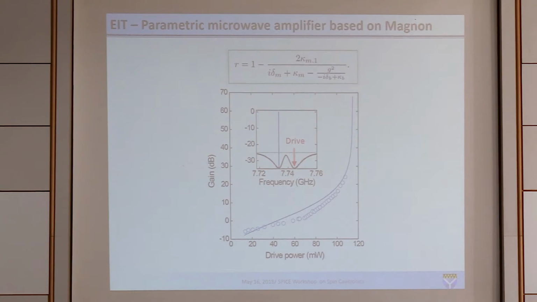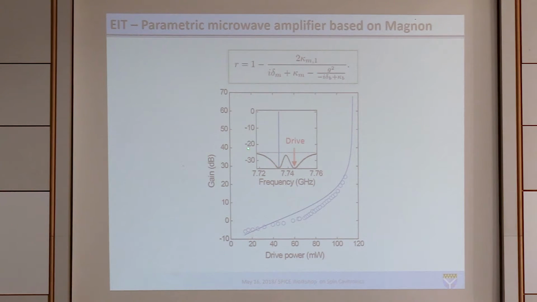So we actually can make a kind of a photon laser or Magnon amplifier by this mechanical degree of freedom. For example, I'm showing over here. You can drive at this mode, the upper hybridized mode, and if you put a probe at the lower hybridized mode, you can have a gain of more than 25 dB.